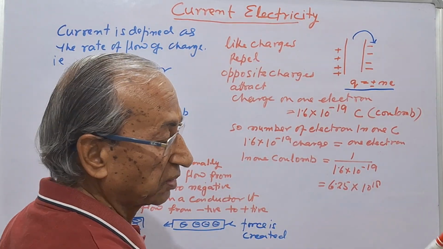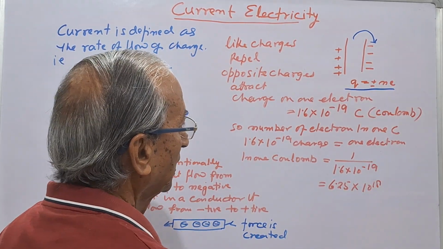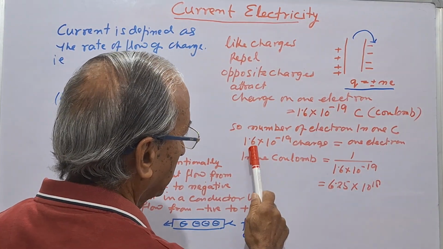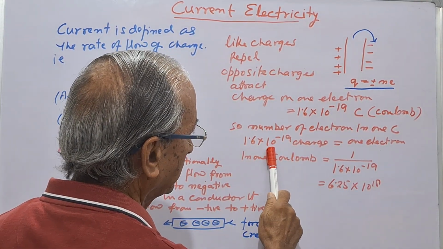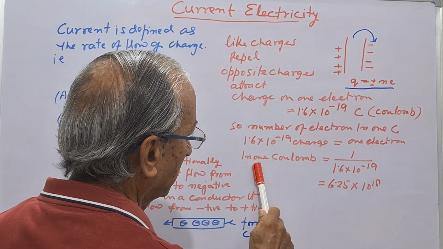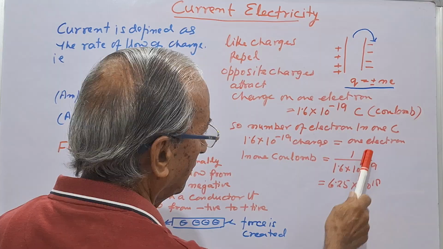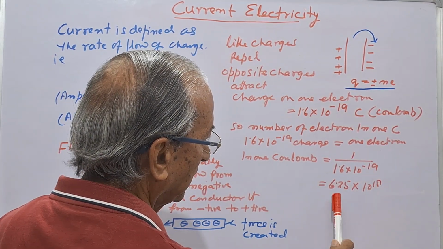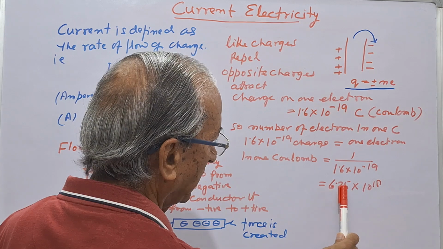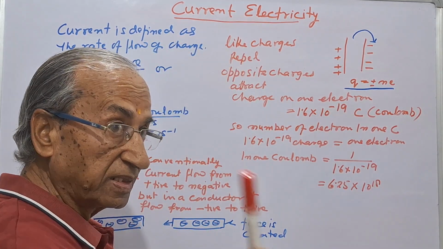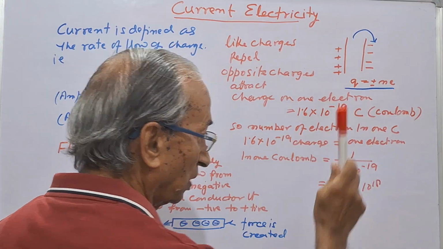So the number of electrons in 1 coulomb is 1 upon 1.6 into 10 to the power minus 19, that is 6.25 into 10 to the power 18. It is the number of electrons in 1 coulomb.